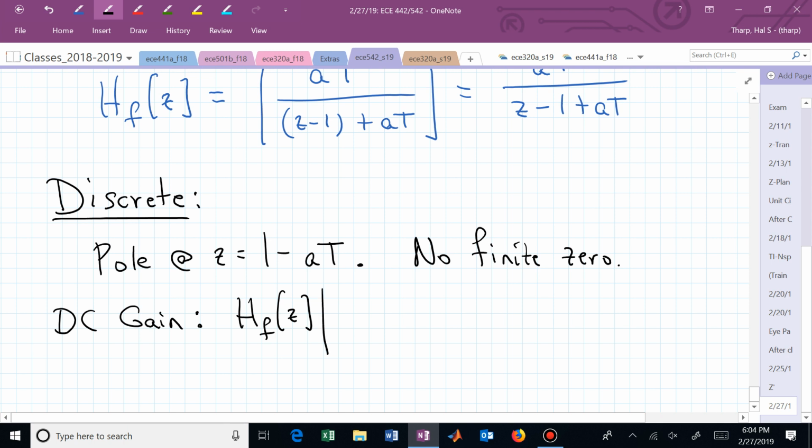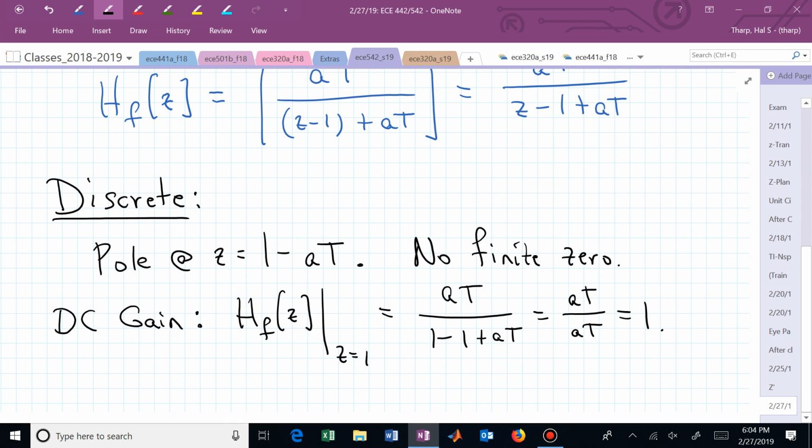What value of z corresponds to DC in the z domain? Now z equal to 1 is our DC frequency. So let's look at that when z is equal to 1. We now have AT over 1 minus 1 plus AT, so we have a consistent DC gain. We have a gain of 1 in that discrete approximation.